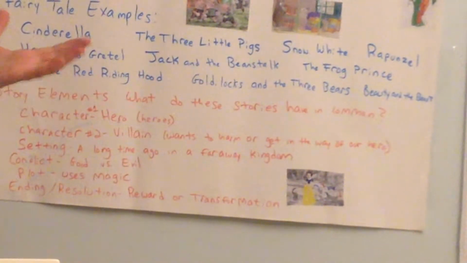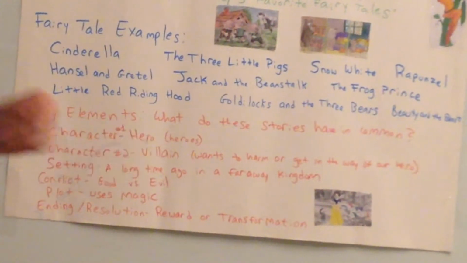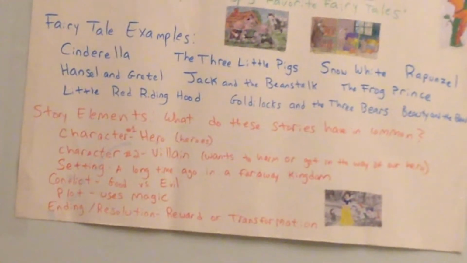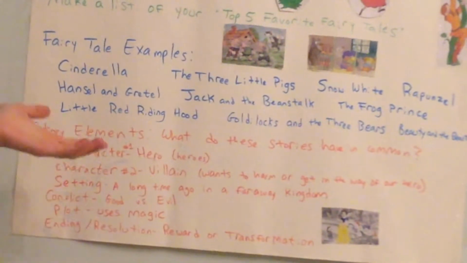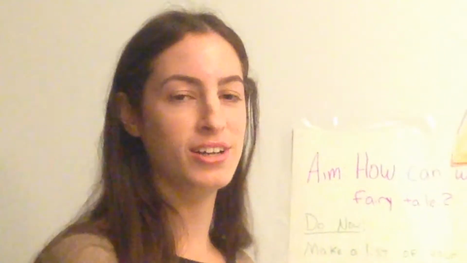Think of Beauty and the Beast. The ending, the beast transformed into a handsome prince. The 3 Little Pigs. The ending was the 3 Little Pigs got to live comfortably in their house, and the wolf vanished or got burned in the boiling pot of water, whatever version you learned of that.